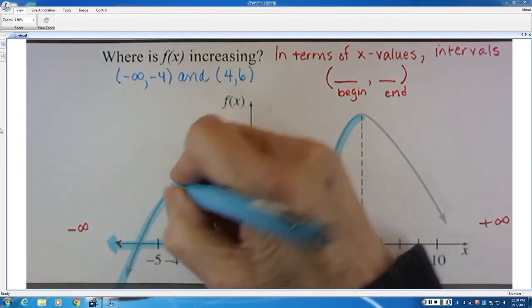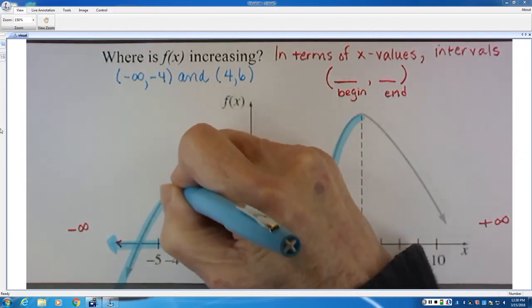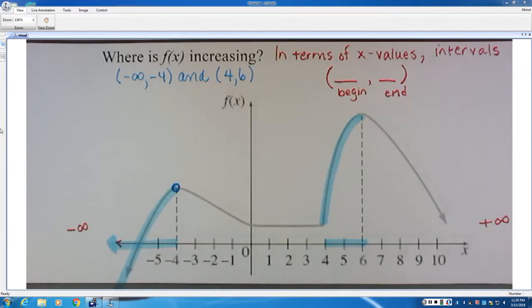The reason for that is because at the value negative 4, the function is not increasing. It is not decreasing either. It changed directions. So the value negative 4 is not included in that first interval.